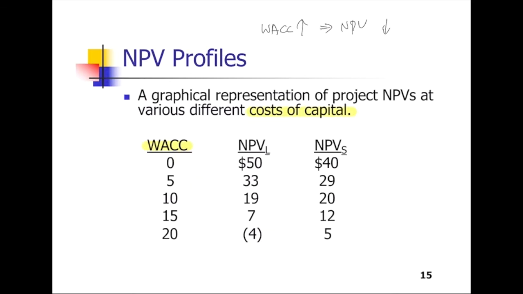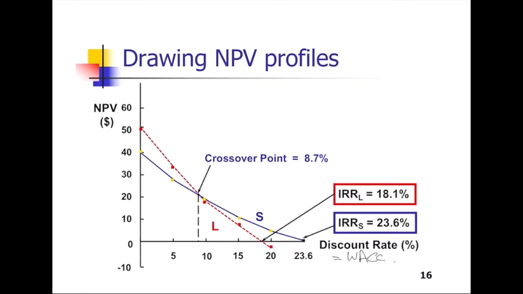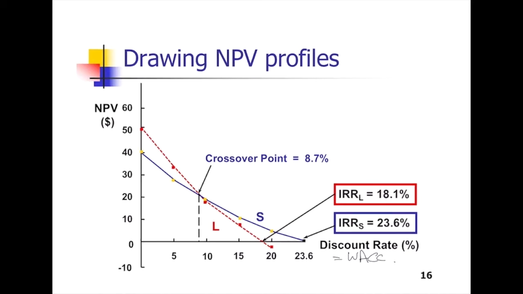For example, the WACC is 5, NPV of L is 33, NPV of S is 29, so WACC is 5, 33, and 29, here and here. And you can dot all the points and draw a line. That is the NPV profile.